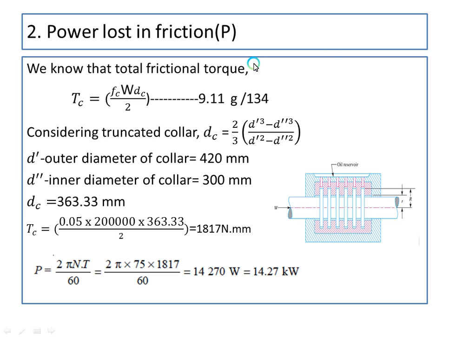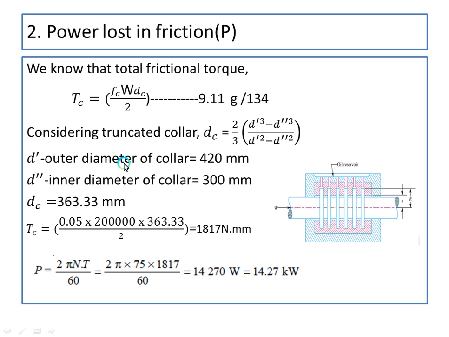So we can use equation 9.11 g, page number 134, where you can get the equation for torque on the collar, which is Fc into W into dc by 2, where Fc represents the coefficient of friction of the collar, W is the load which is acting axial to the direction of the shaft, and dc represents the diameter of the collar.